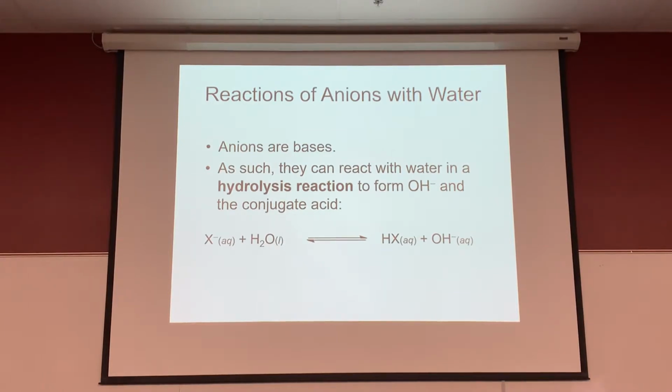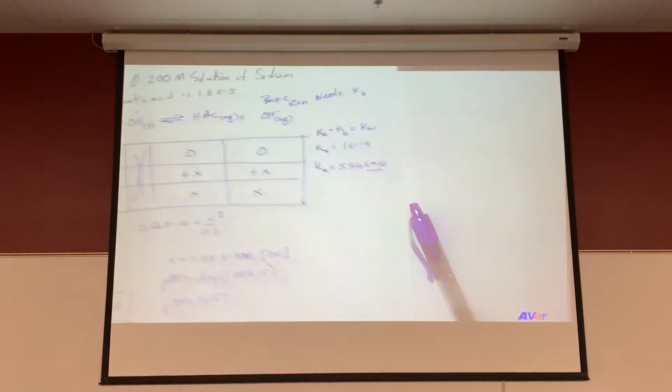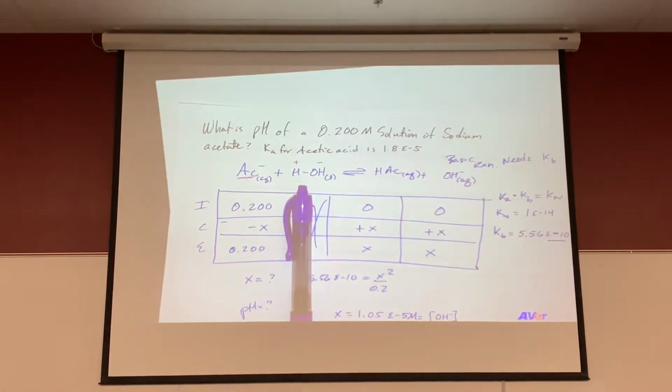Yes, anything that is the anion of a weak acid will undergo this reaction in water. So you dump in that anion, and like in my example up here, where I wrote water as HOH, the anion reacts with water to give you the weak acid and then the OH-.